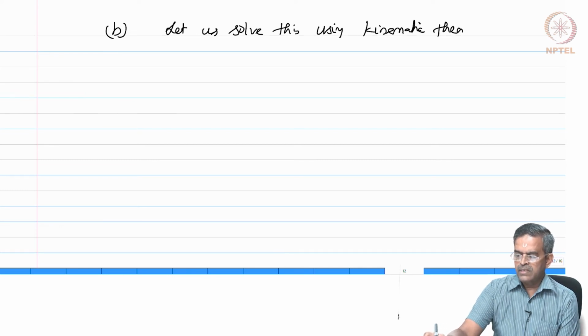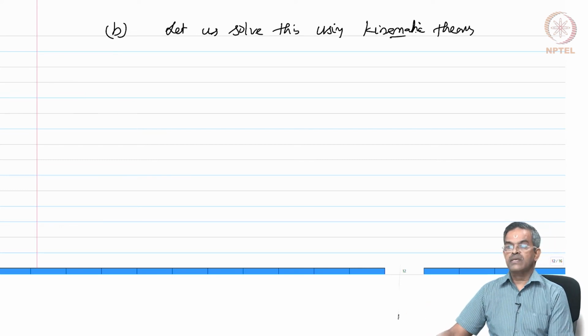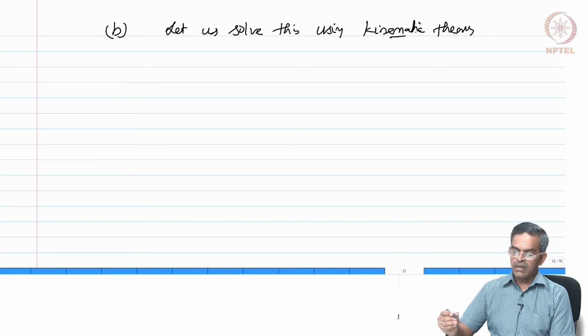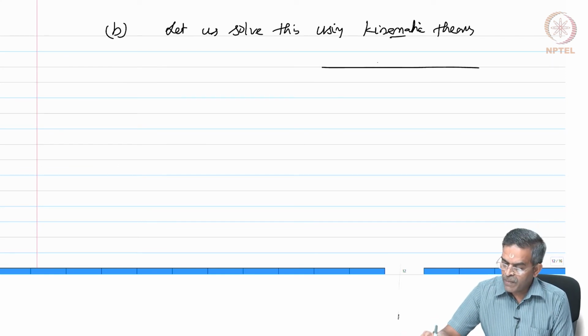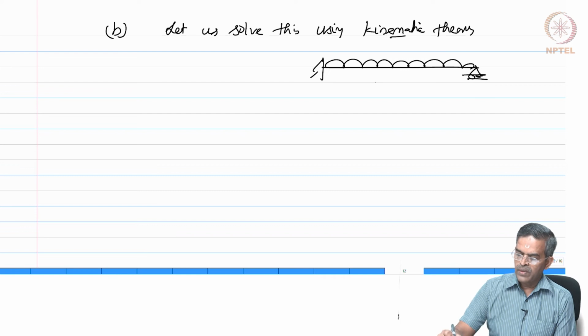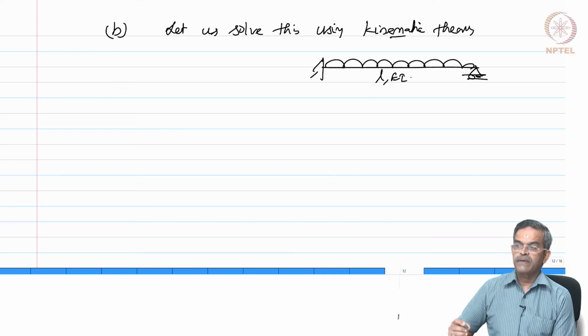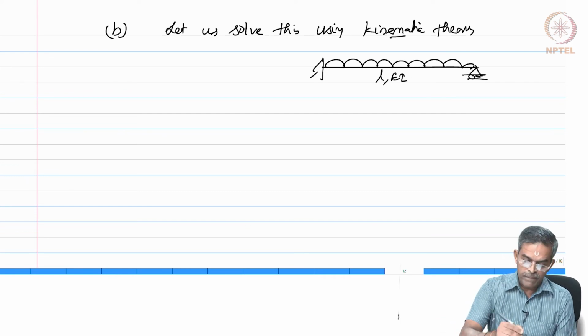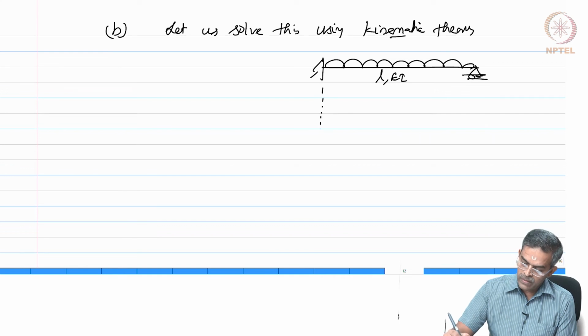Let us see, is it easy for us to use the kinematic theorem in this case? So, the kinematic theorem says for a propped cantilever under uniform distributed load over a span of L, EI, I have to draw the mechanism.